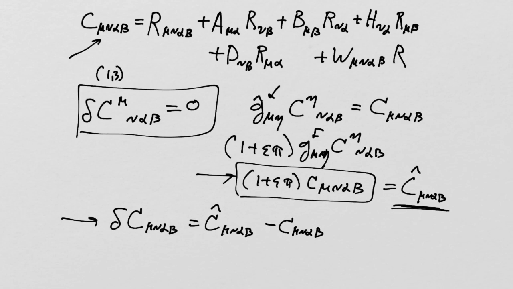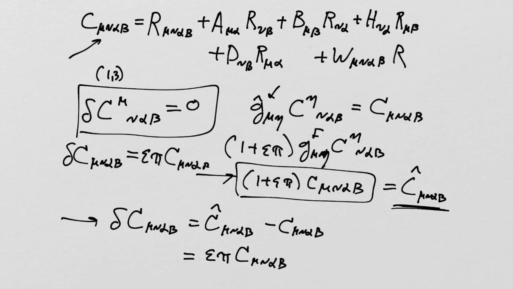And if you subtract off the conformal tensor itself, the one term goes away, and all you're left with is epsilon pi. So this variation is going to be epsilon times pi C mu nu alpha beta. And that's important. The variation of C mu nu alpha beta is equal to epsilon pi C mu nu alpha beta.